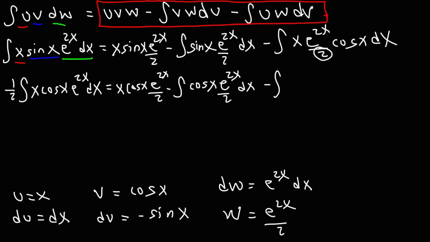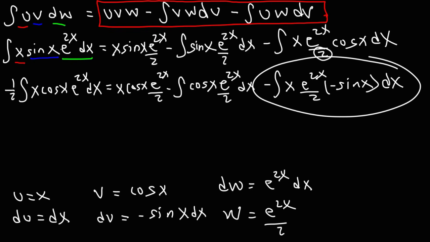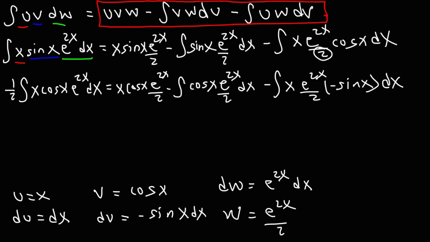And then minus the integral of uw dv. u is x, w is e to the 2x over 2, and dv is negative sine x dx. So notice that this expression is similar to the original one. So therefore we can combine those two integrals later. So we just need to worry about this one.